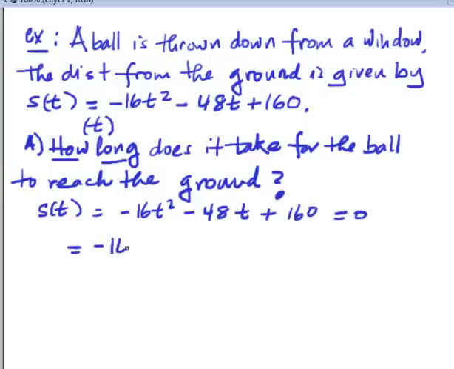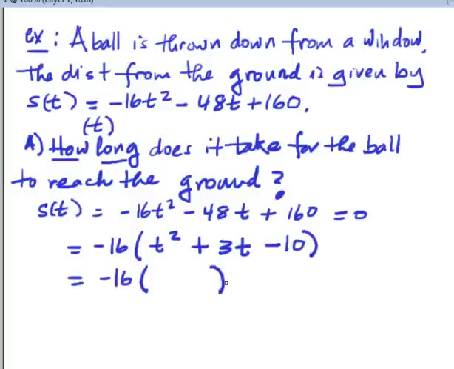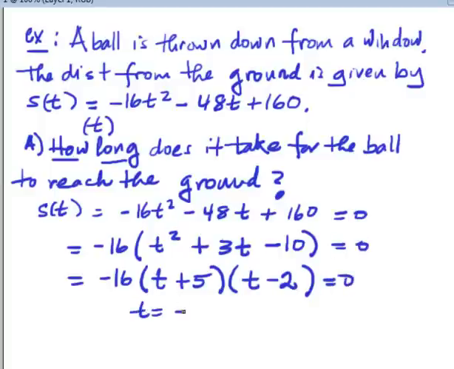All right, this minus 16 does factor out of the coefficients. And we're left with a quadratic in parentheses that does factor. All right, so we have t is equal to minus 5 and t is equal to 2.